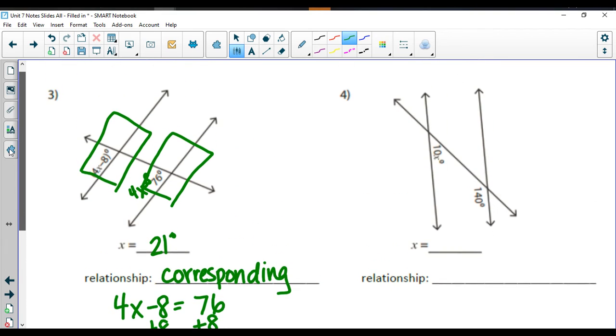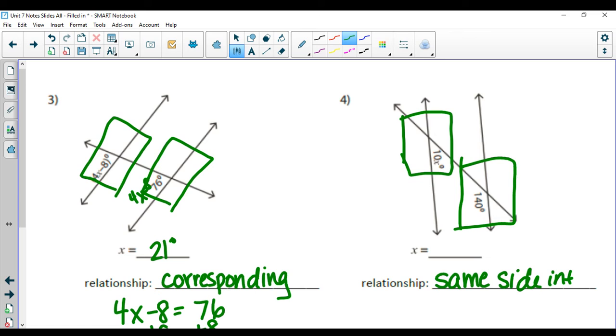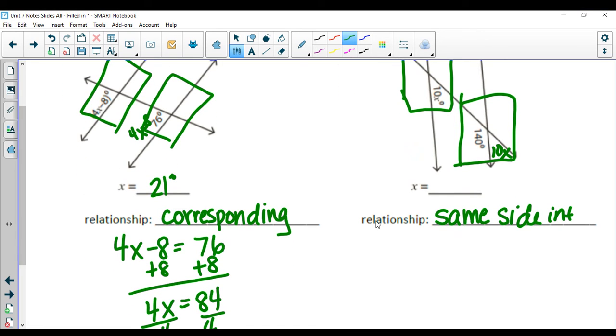For the next example, this is really sideways. You're going to turn your head here, or actually turn your paper. It would probably be easier if you turned your paper a little bit. And noticing these are on the same side interior, that's going to be their relationship. And I'm going to go ahead and clump. I'm just going to kind of clump this way here. And when I move, I'm going to move the 10x. It's bottom right, so it's going to go right here, which ultimately means these two are going to be a linear pair.